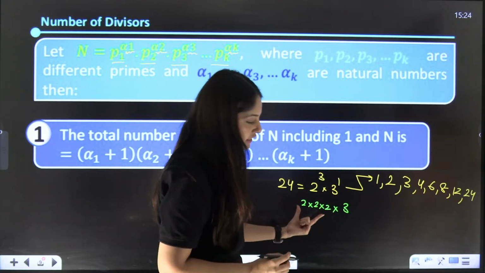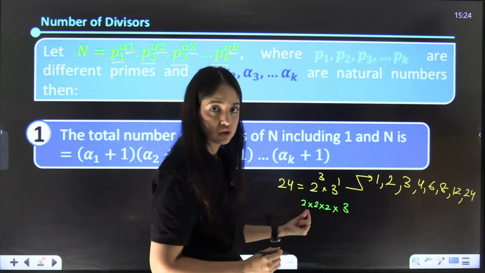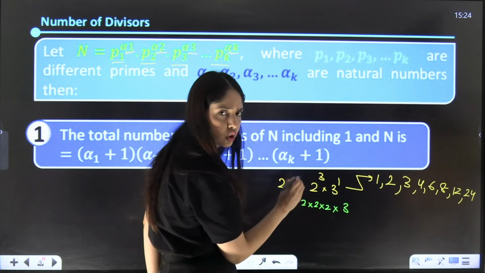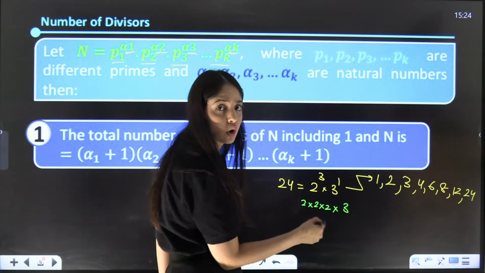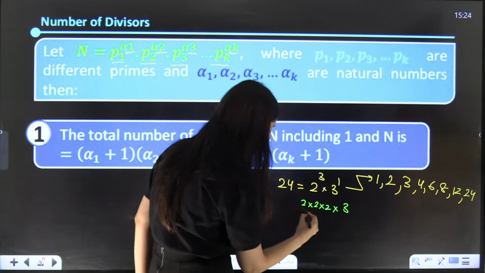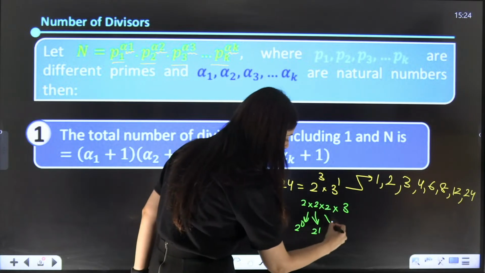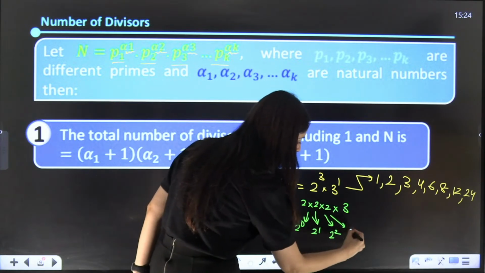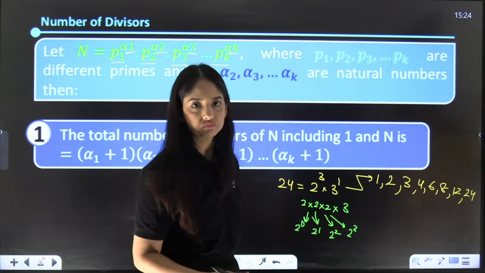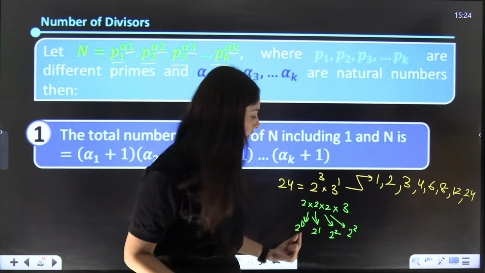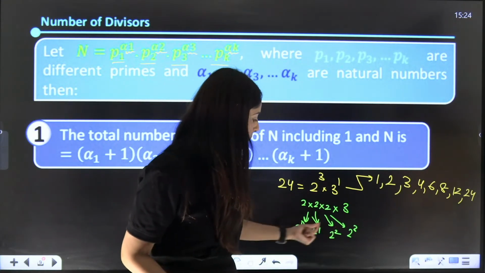So we have 4 options. We can either select 0 2's or 1 2 or 2 2's or 3 2's. Just for this one prime number, there are 3 plus 1 options.